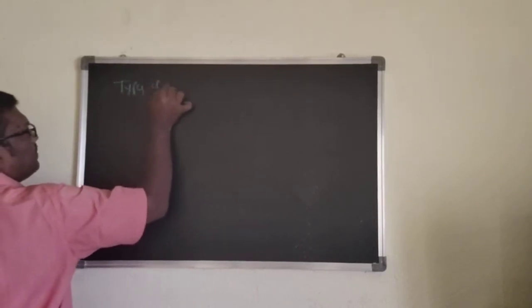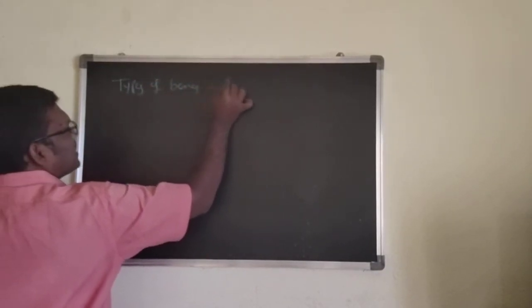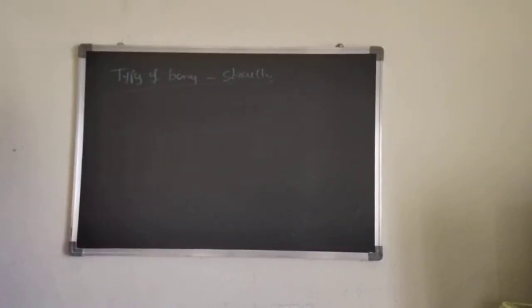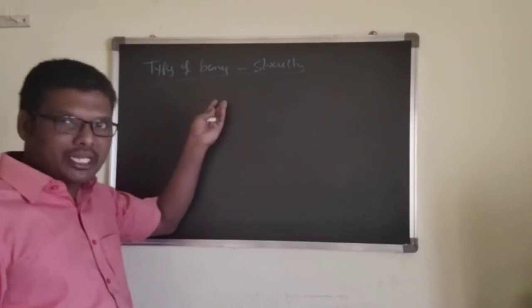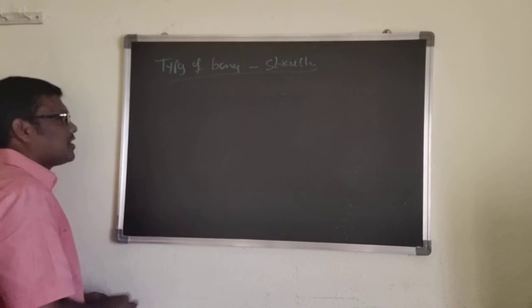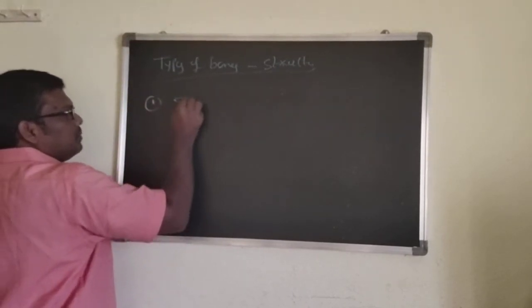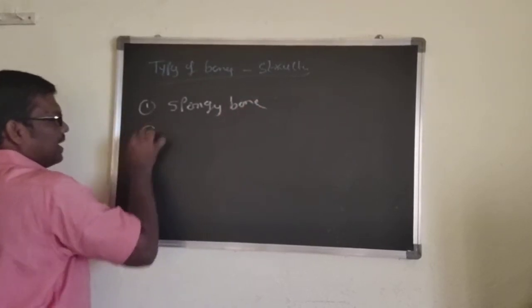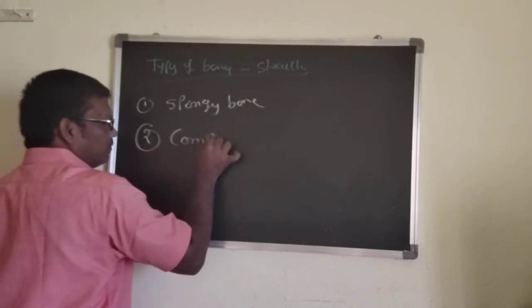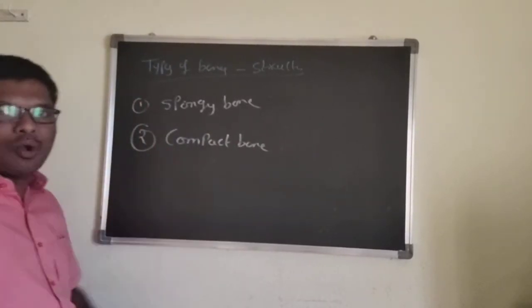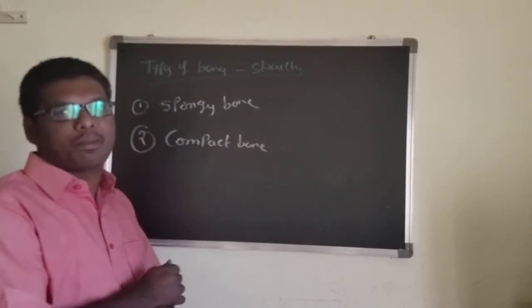Now, types of bones based on their structure. Before, we said types of bones based upon their formation; now it is based upon their structure. The first one is the spongy bone, and the second one is the compact bone. In spongy bone, more intercellular spaces are present.